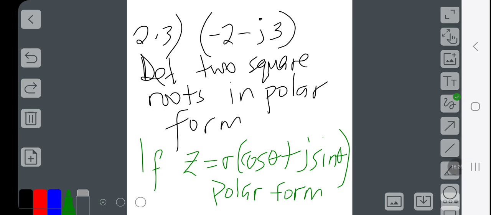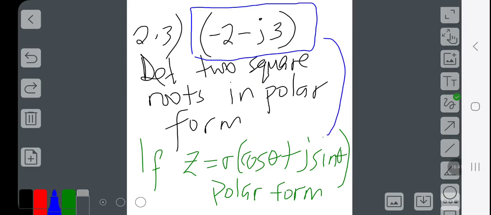So for us to find the square root of this, what is given there is a rectangular form. It's not in polar form. So our first step is that we need to convert this rectangular form to a polar form first. Since the given question is not in polar form, we need to convert it from the rectangular form. So let's do it.